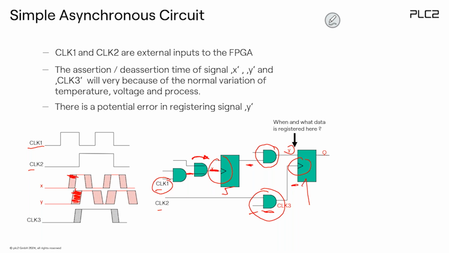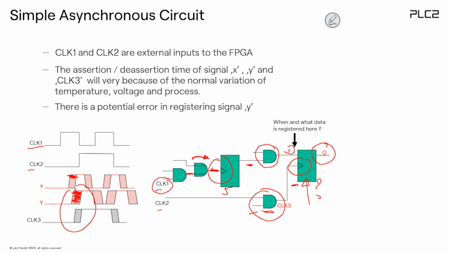Now look at this register. You will never know the time point at which the data will be written to Q; it will vary depending on the environmental conditions like voltage, temperature, and speed grade. This means it's very unreliable, and you have to take some precautions to make it really run.